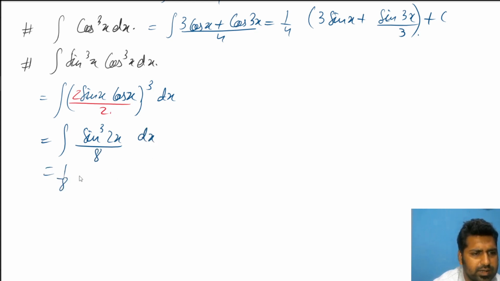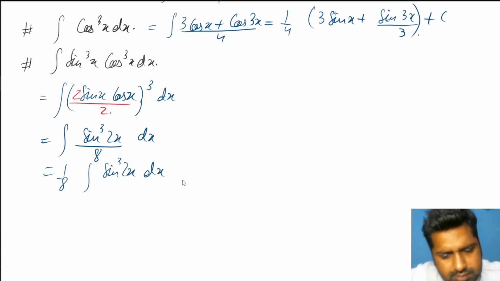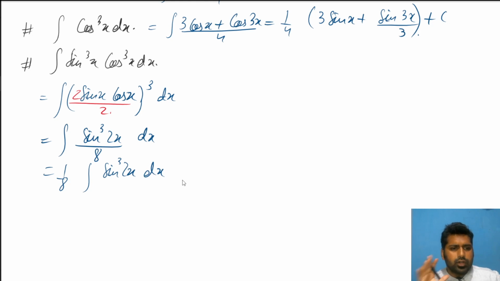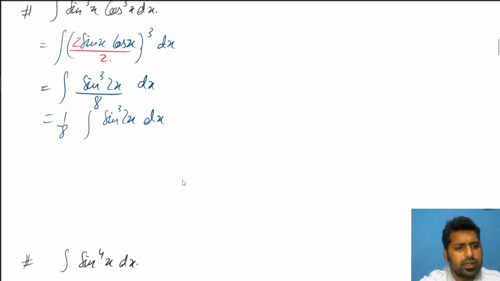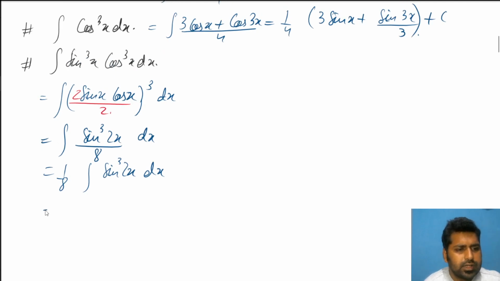Take 1 by 8 outside, and now this is a straightforward question. Sine cube 2x, how do you integrate cube? For that, you remember the property that we discussed, that in order to integrate a cube, you have to remove the cube using the identity of sine 3x.